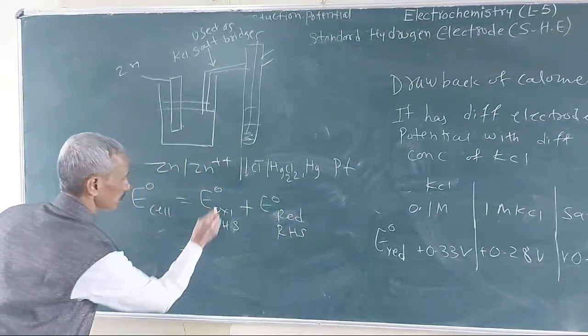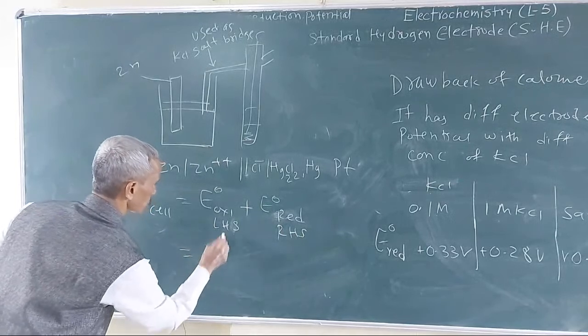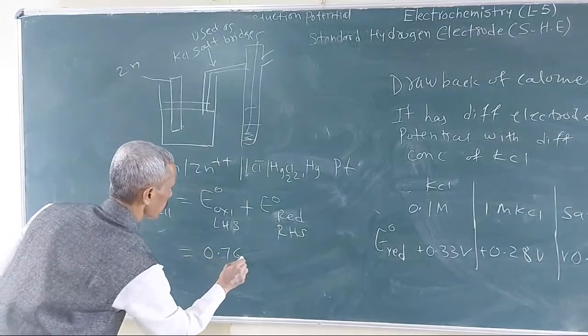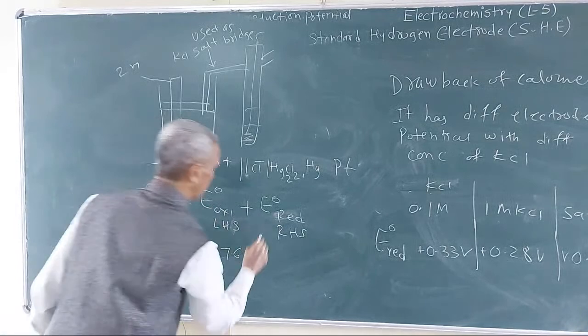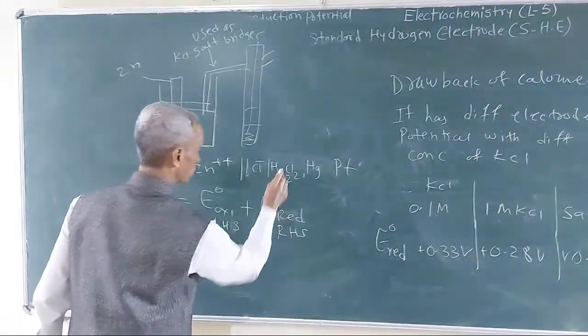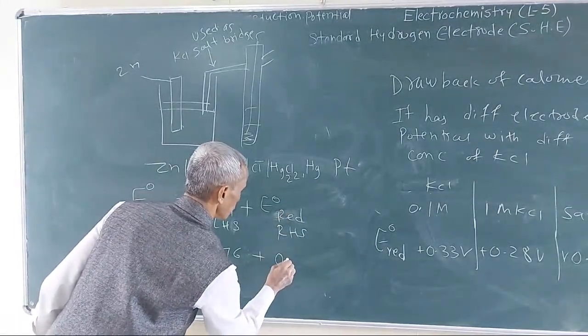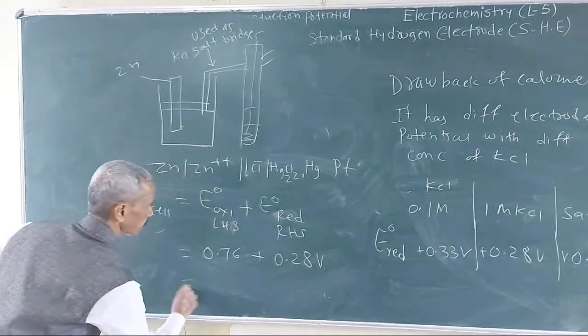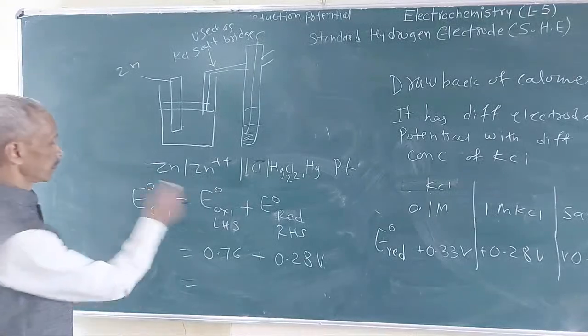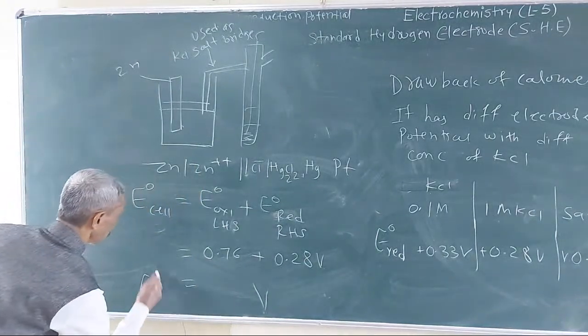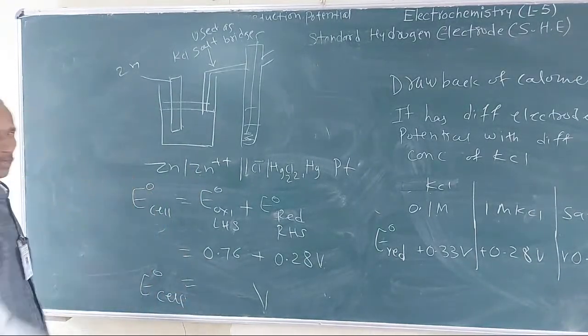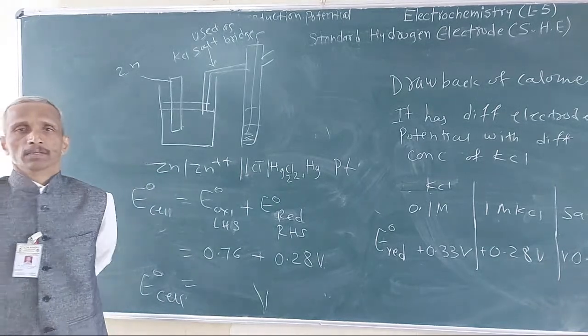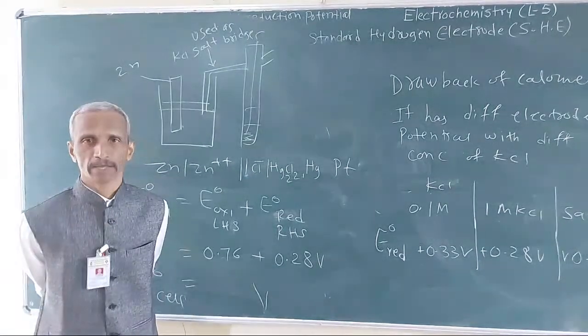E0 oxidation for zinc is of course 0.76 volts, plus E0 reduction for the calomel electrode if the 1 molar solution is used, 0.28 volts, and we can obtain the E0 cell. Okay, dear friends, we are going to stop here today. Thank you very much.